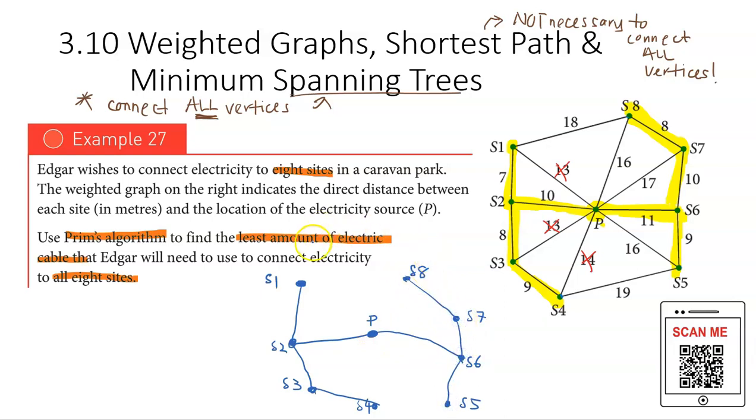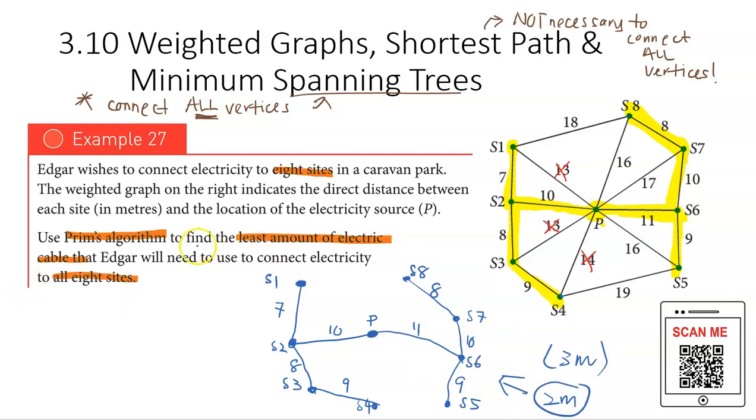After you draw the spanning tree, please do not forget to label. This is 7, 10, 11, 8, 9. This one is 9, 10, 8. You need to put the value over here, then you'll be complete. Normally this question is 3 marks. So drawing the diagram is 2 marks already.